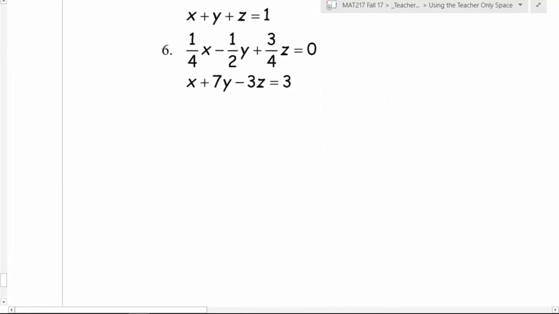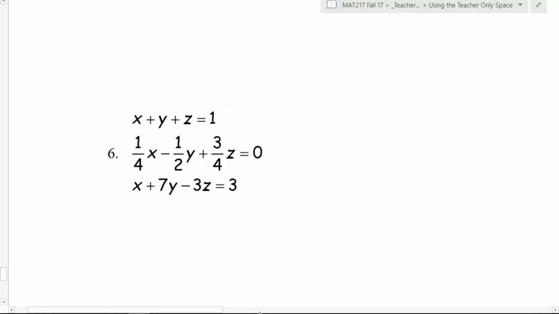The other matrix I just want to remind you of: if you can do a rule in algebra, you can do it in a matrix. So these fractions, usually people don't like them. If you wanted to clear the fractions, you could just multiply by 4 on both sides of that equation, and the 4 would distribute, making this into X minus 2Y plus 3Z equals 0.